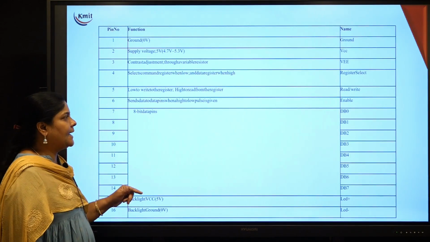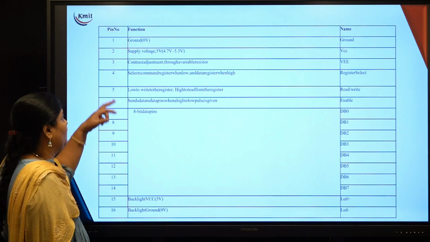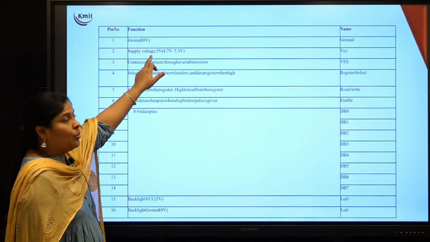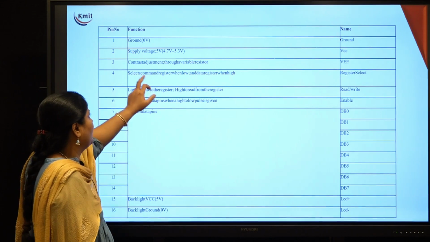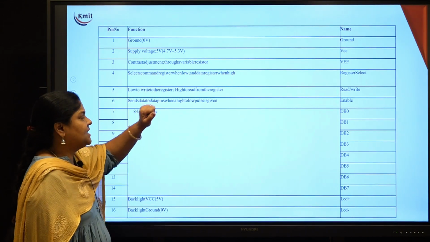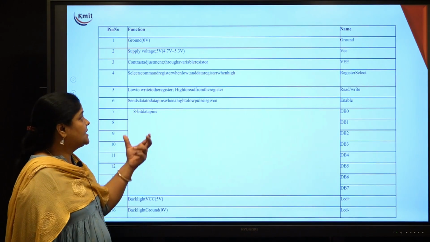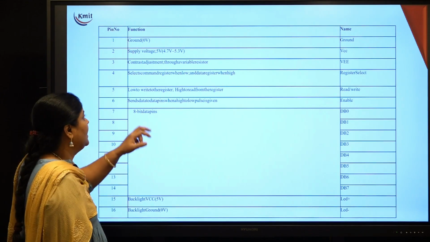So this is the diagram of how you are going to connect the LCD to the Arduino board. Ground you connect to ground, and the supply voltage, 5 volts, you connect to VCC on the Arduino board. Next, the third pin, contrast adjust, VEE, because the contrast means the light that you can see on the LCD.